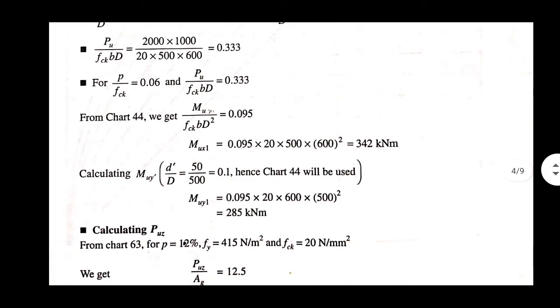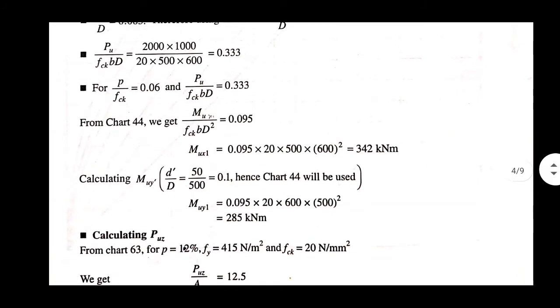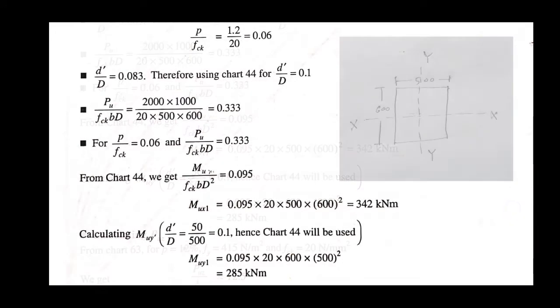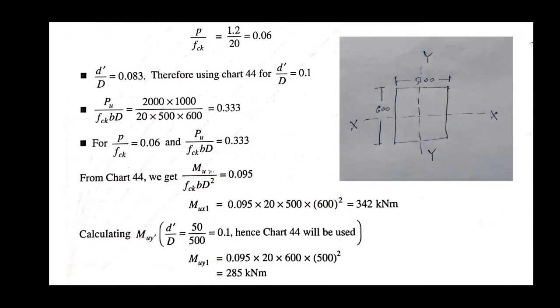So now on your screen you can see the cross section of this column. Okay, so there are two different sides, one is 500, another one is 600, and there are two axes, x-axis and y-axis.